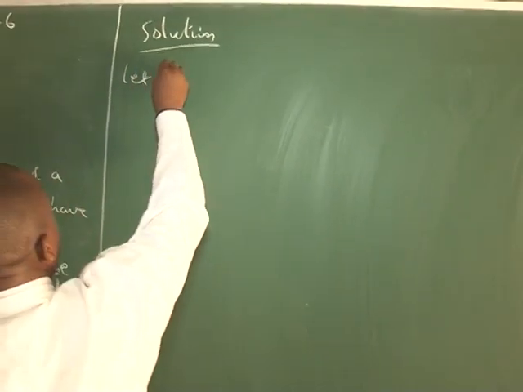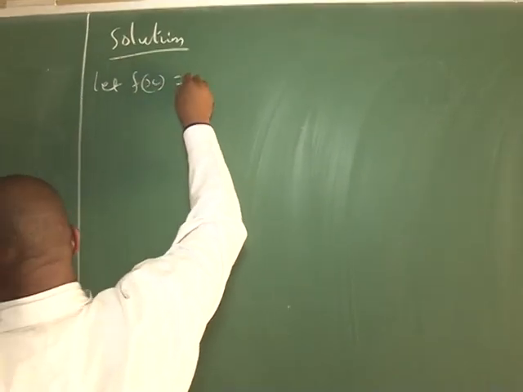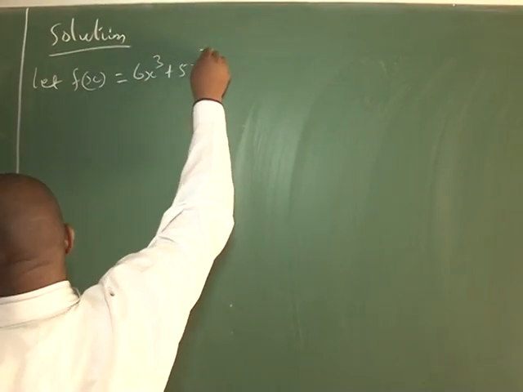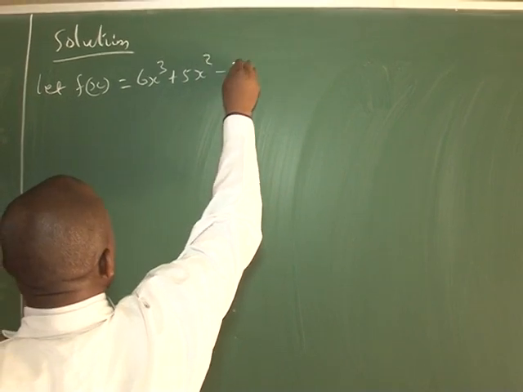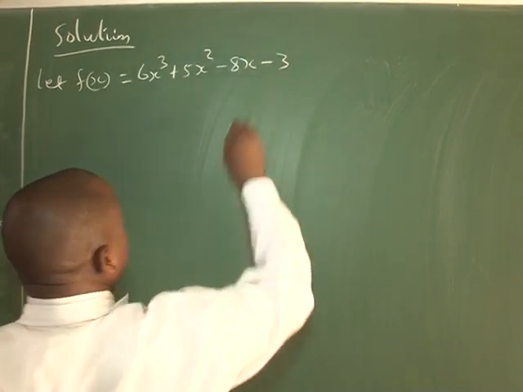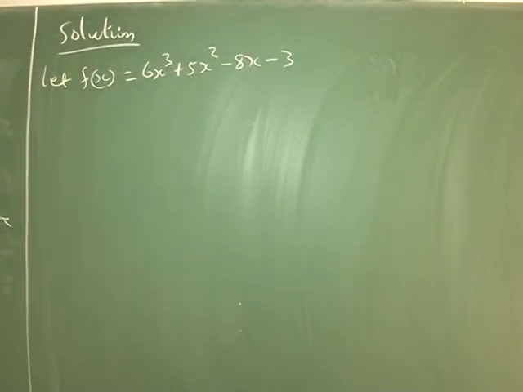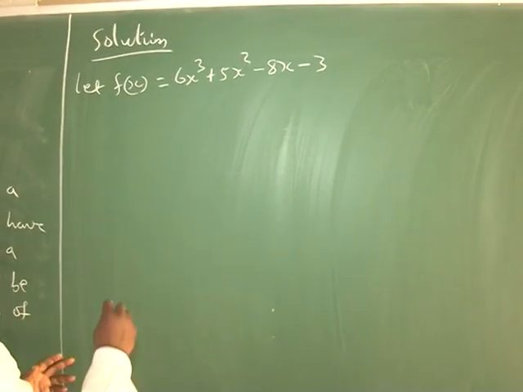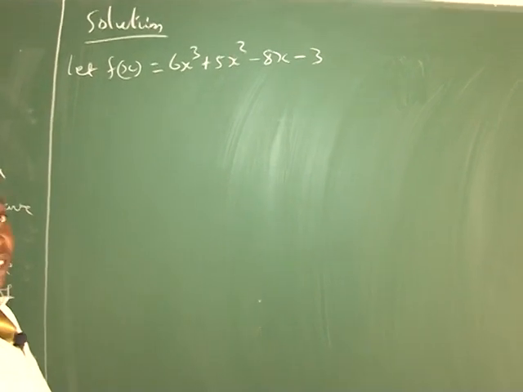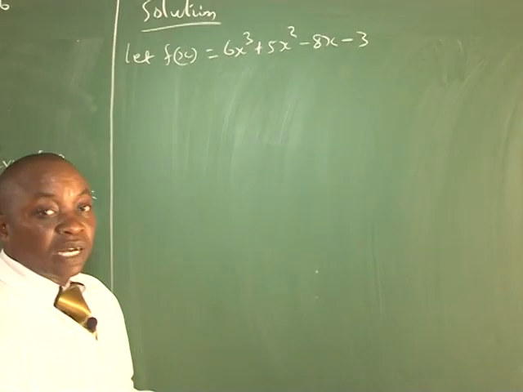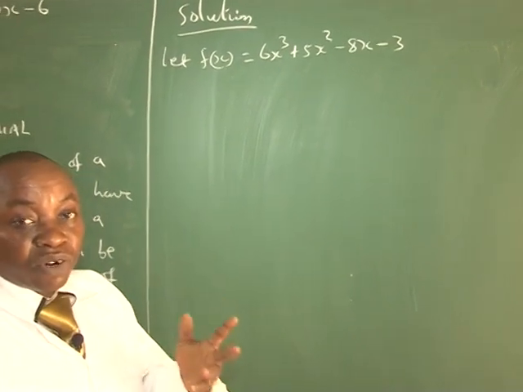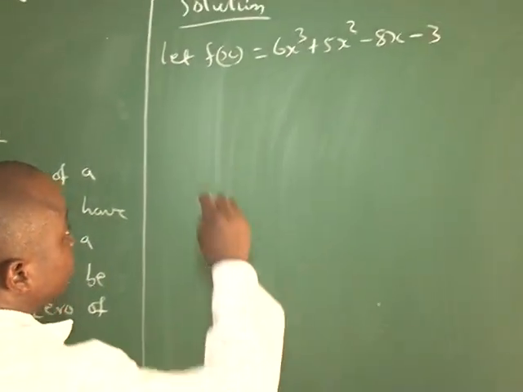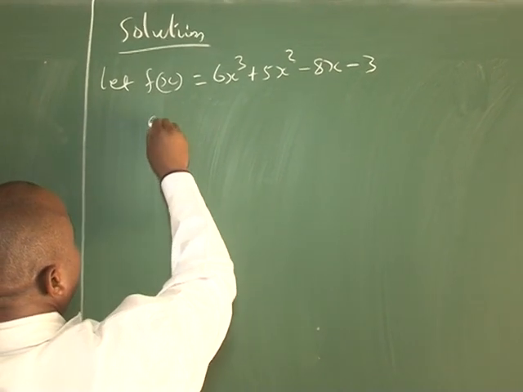Let f of x equal 6x cubed plus 5x squared minus 8x minus 3. So, if you have that, we now apply the idea of zero of a polynomial. We are applying this so that we can get one of the factors, and from there we can get other factors.